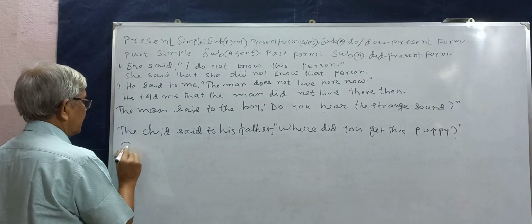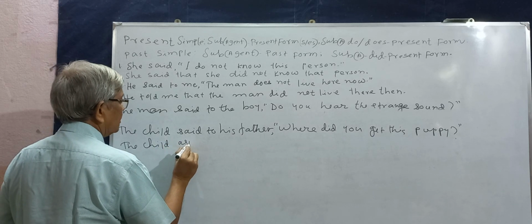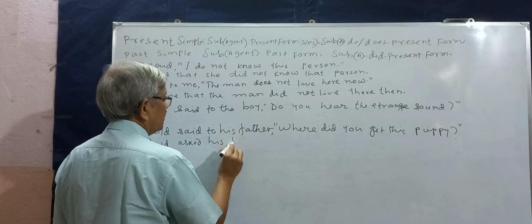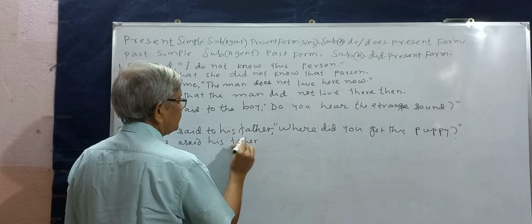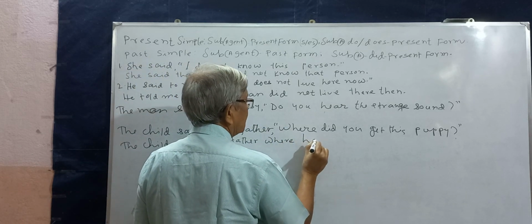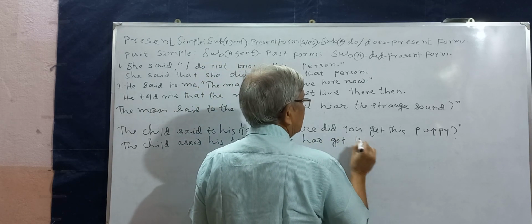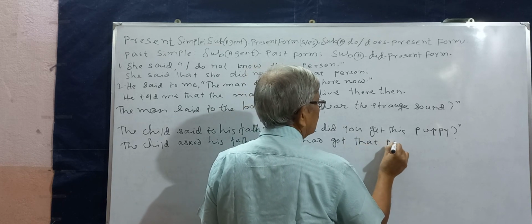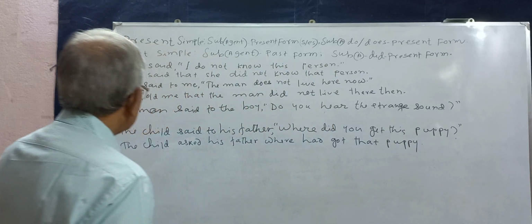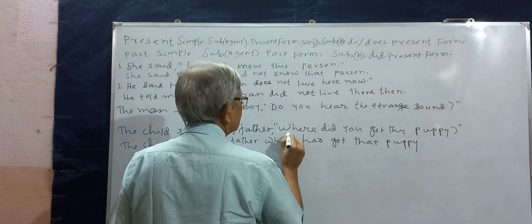Therefore, the sentence in the indirect speech is, the child asked his father where he had got that puppy. The child asked his father where he had got that puppy.